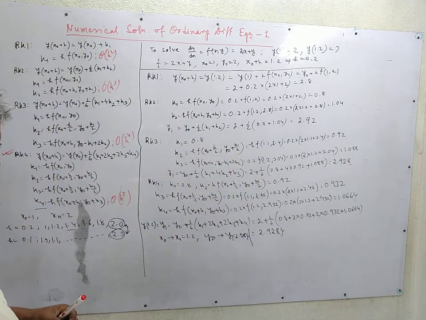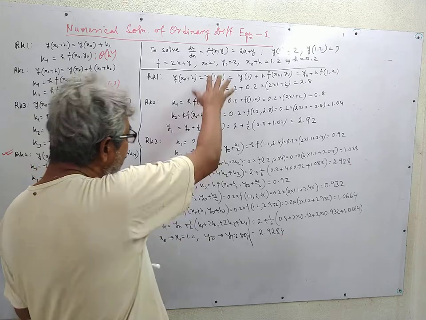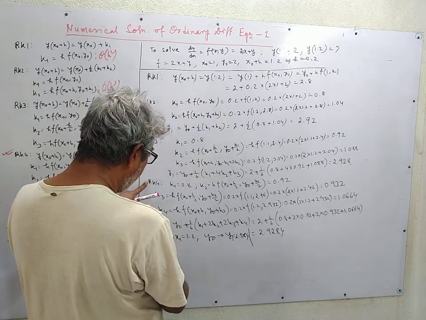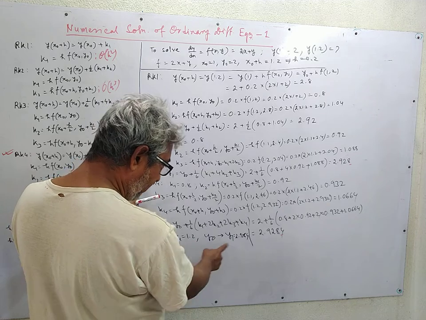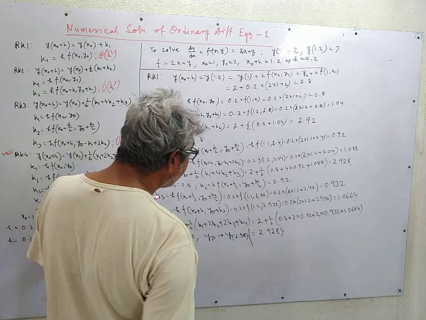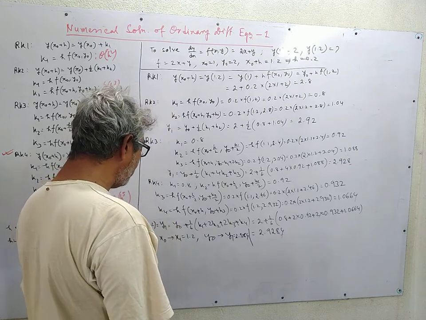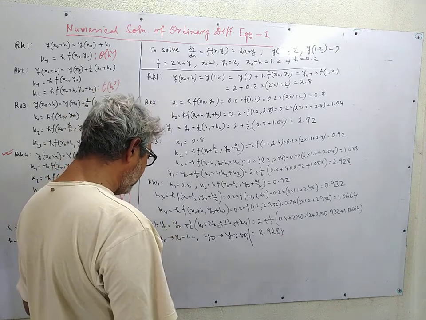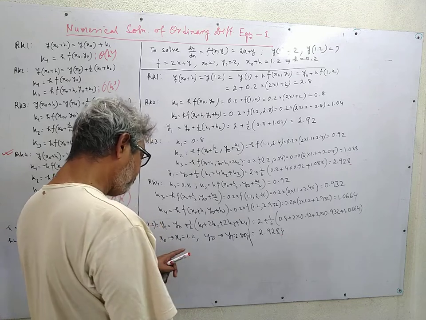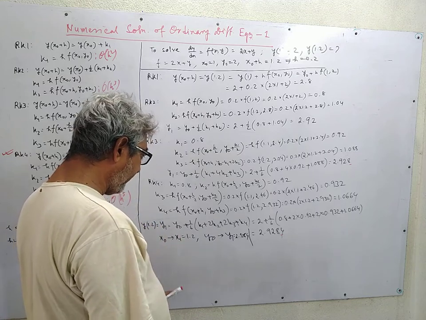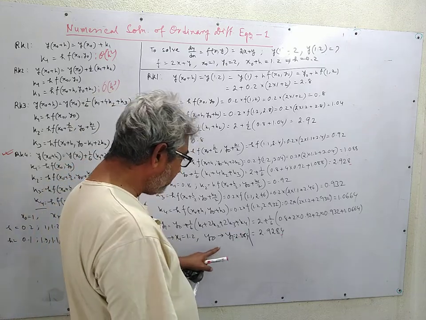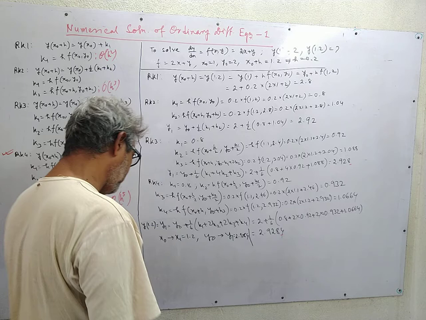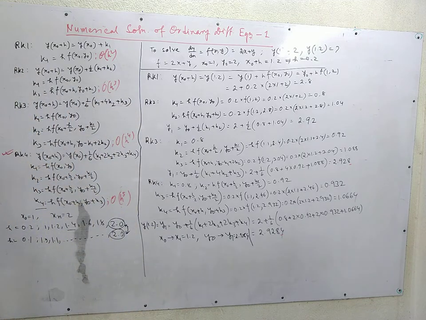This will be the starting point, and all this calculation will be repeated with x0 is 1.2 and y0 is 2.9284 to get the value at y2, and to get y3 value we again replace the x0 by 1.4 and y0 with the new value of y at x is equal to 1.4. So in this way we can go from one step to another step to ultimately reach the desired level of accuracy.